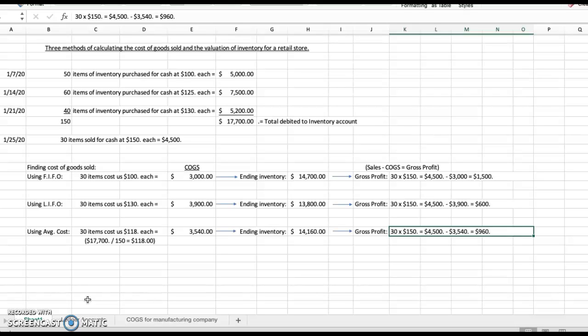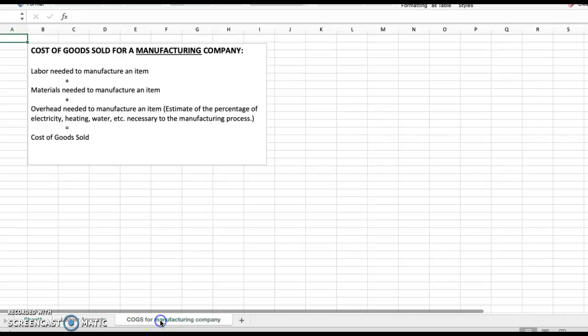So a manufacturing company, that would be a large example of a corporation that manufactures automobiles and trucks and so on. But it could be any number of things. So when we have a manufacturing business, there are three types of information that we need to consider in order to find the cost of goods sold.